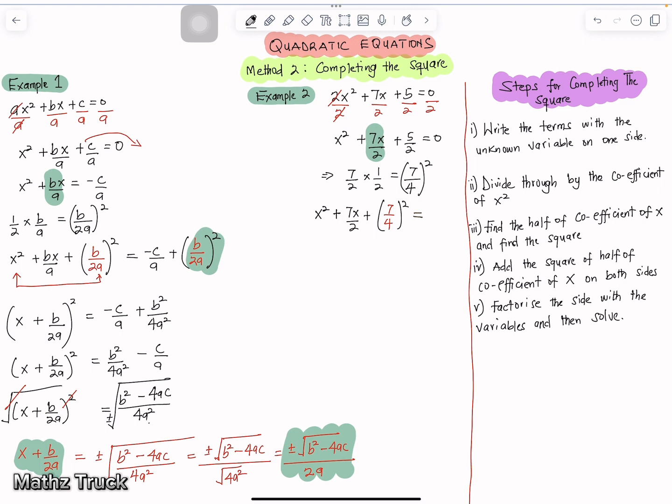Now, when we transfer the 5 over 2, which has no x, to the other side, grouping the like terms, it becomes negative 5 over 2 plus our expression. As we already know, we have to add it to both sides, which is going to be 7 over 4 all squared again.